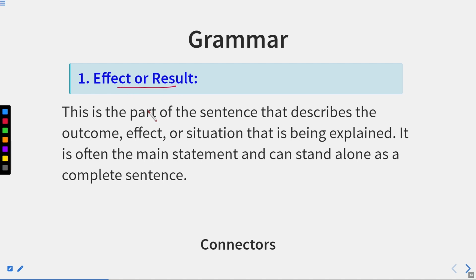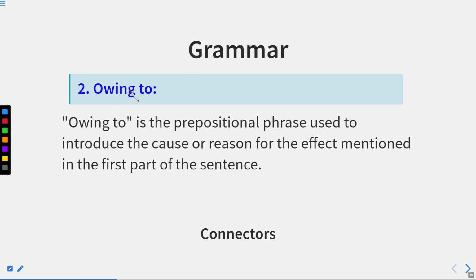Now, what is effect or result? This is the part of the sentence that describes the outcome, effect, or situation that is being explained. It is often the main statement and can stand alone as a complete sentence. Owing to is the prepositional phrase used to introduce the cause or reason for the effect mentioned in the first part of the sentence.